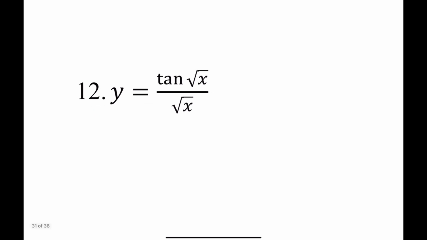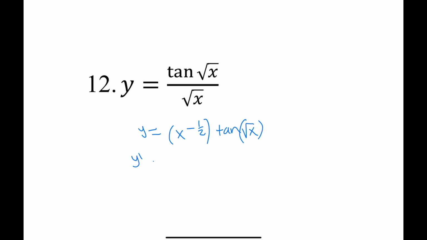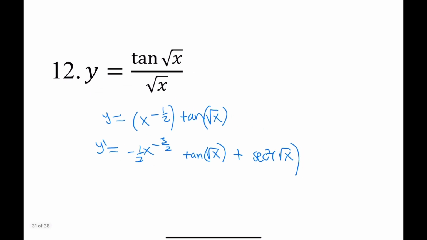So this one would be y equals x to the negative 1/2 times tangent root x, right? So y prime would be negative 1/2 x to the negative 3 over 2 times tangent of square root of x, and then plus secant squared of square root x times the chain rule.